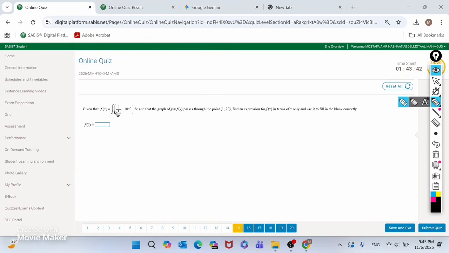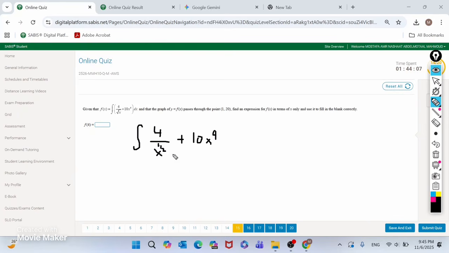Okay guys, so this integral, first of all, we're going to have to integrate it. So 4 over x to the power of 1 over 2, because that's the root x, plus 10x to the power of 4.